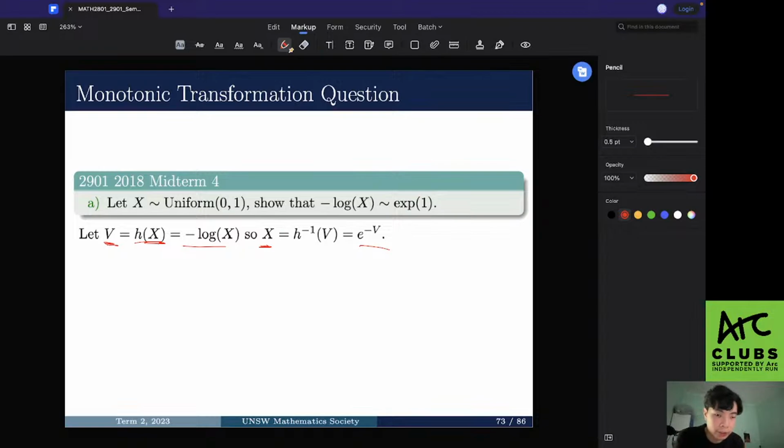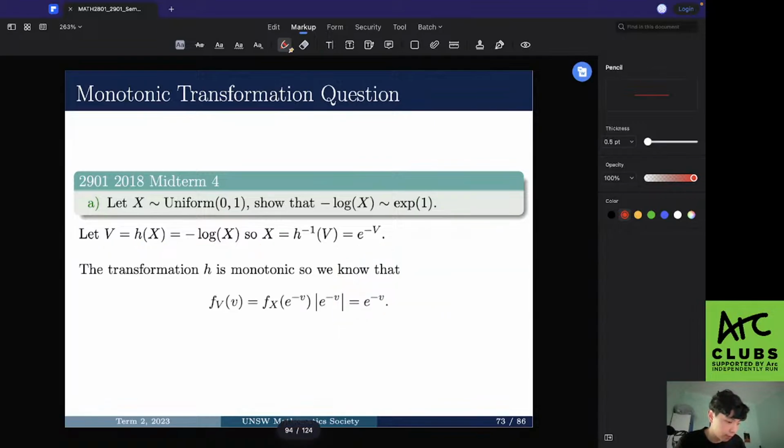And then what we can do is differentiate this with respect to v, and that gets us e to the minus v, and then a minus in front, right?